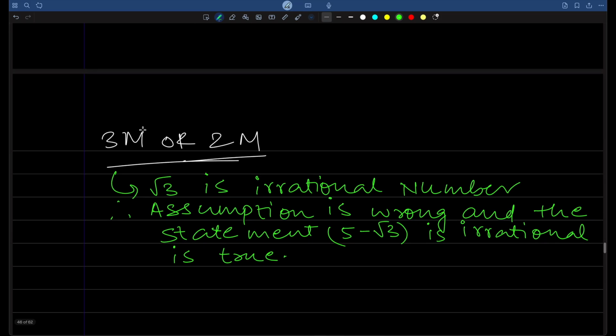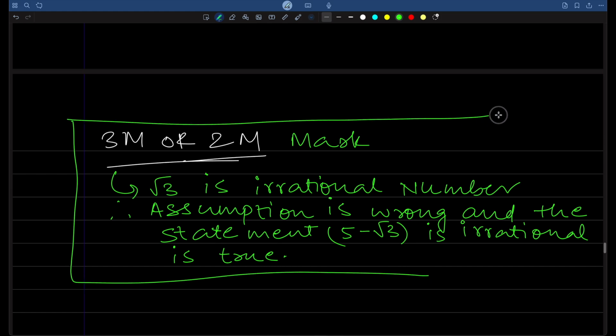If the question is of 3 mark or 2 mark, then this much is sufficient.